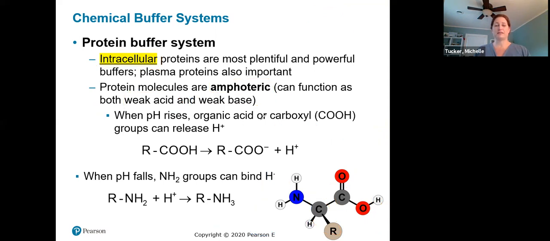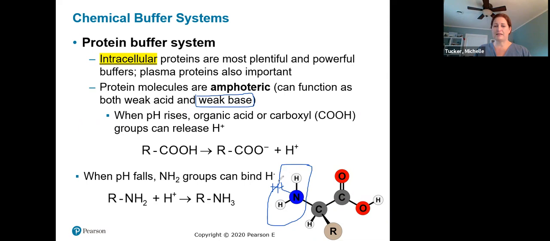For proteins, you need to know which part of an amino acid can serve as a weak base or a weak acid. So the amino group can accept a hydrogen ion, and that has the amino group functioning as a weak base.